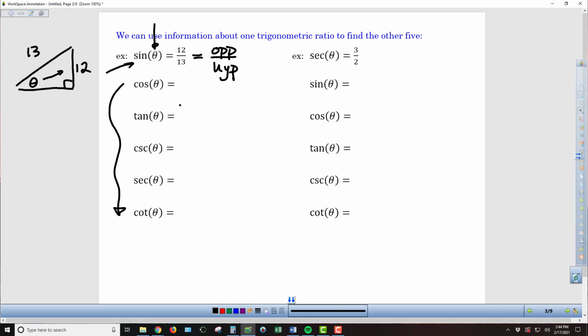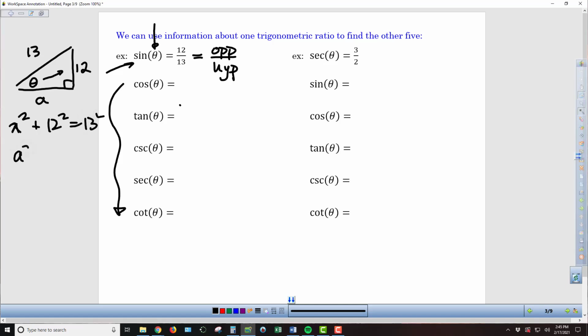And so then to figure out this length right here, we can call it A, we need to use the Pythagorean Theorem to figure that out. And so we may recognize this as being part of a Pythagorean triple, where all the values will be whole numbers. But if not, we've got A squared plus 12 squared equals 13 squared.